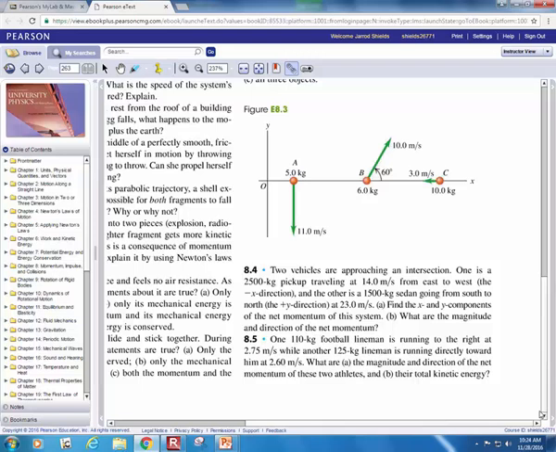So one of them has no y component, and one of them has no x component, because the sine of 180 is 0, and the cosine of 90 is 0. You follow me? You add them up. Okay?